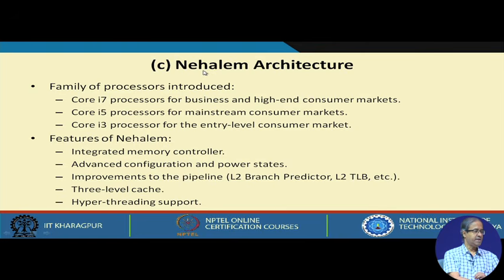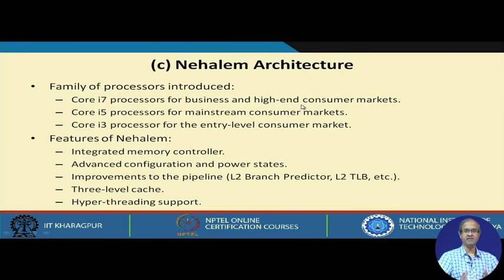Then came the Nehalem architecture, which is the beginning of the kind of cores that we see today, I3, I5, I7. These have been very commonly used terminologies to us today. So, it is from the Nehalem architecture that the family of processors was introduced. So, core I7 was primarily meant for business and high end consumer markets.